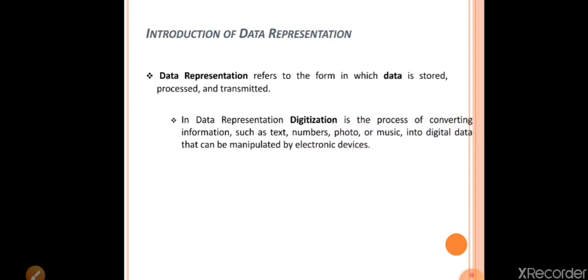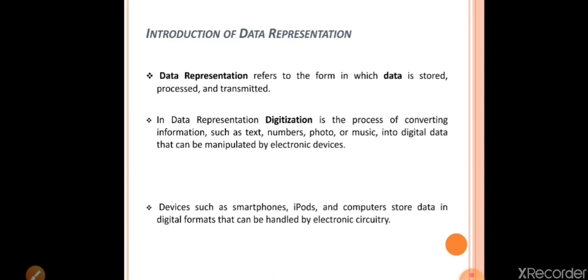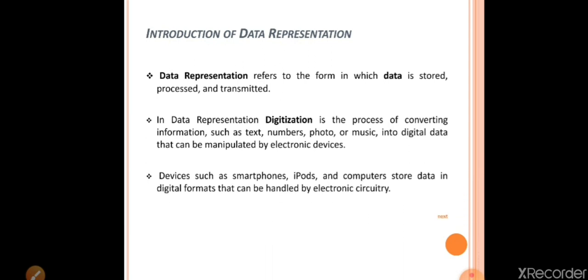In data representation, digitization is the process of converting information such as text, numbers, photos, or music into digital data that can be manipulated by electronic devices. Devices such as smartphones, iPods, and computers store data in digital formats.